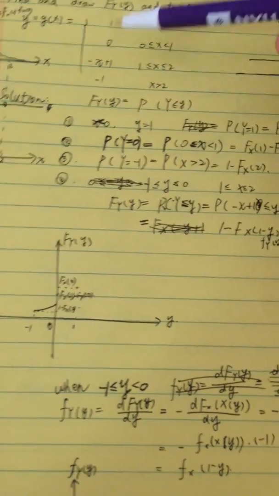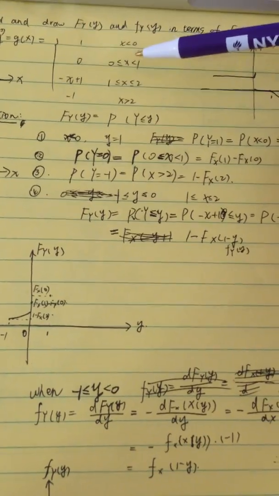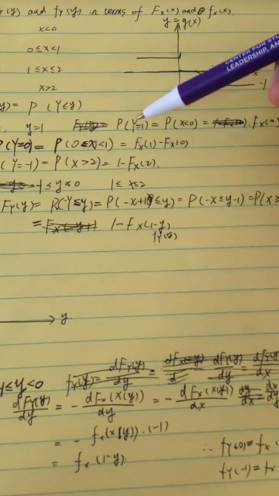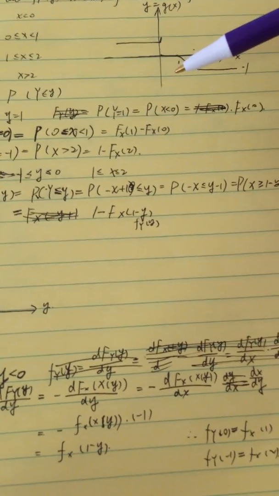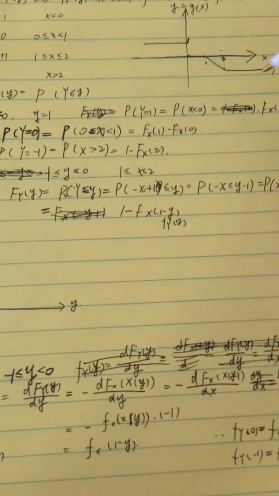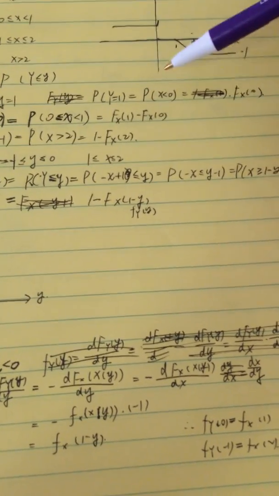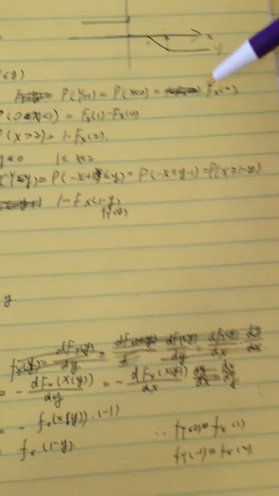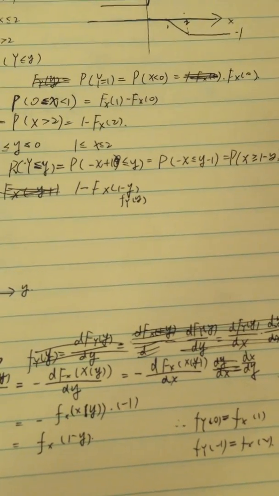The first case is when y equals 1, then x is less than 0. So the probability of Y equals 1 is the probability of X smaller than 0, which equals the distribution function of X at 0.